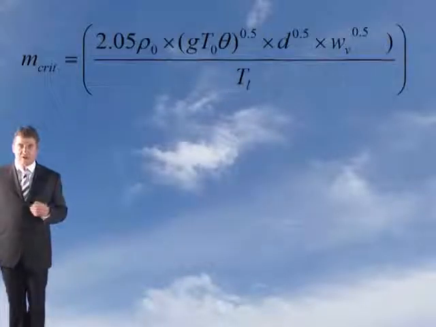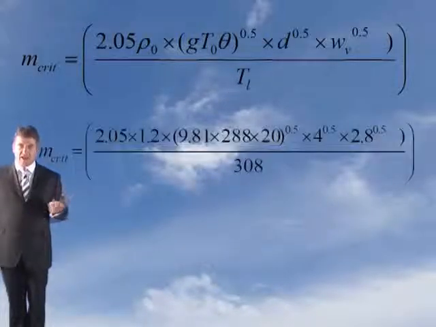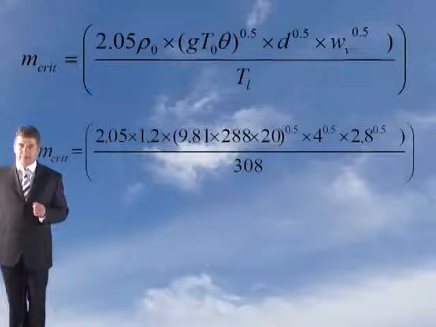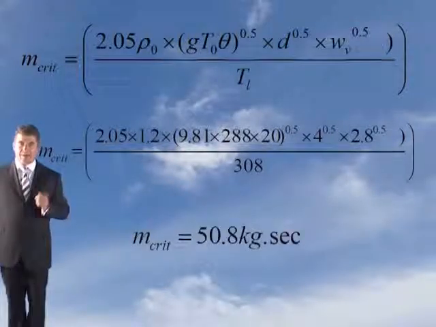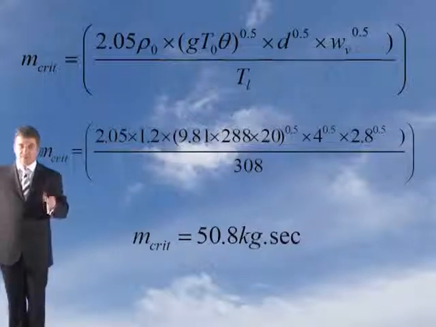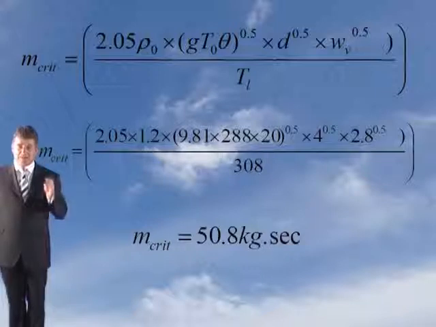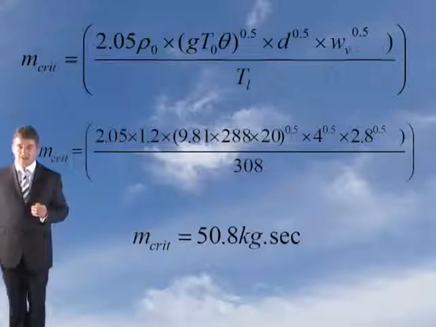Now we've got all the variables, insert them into the plug holing formula, it gives you this. You should have got an mcrit of 50.8 kilograms a second. So that's the maximum, based on the parameters you've put in, that can leave each ventilator. 50.8 kilograms a second. So we know that. What you need to do now is make sure that that smoke is not going to leave each ventilator.